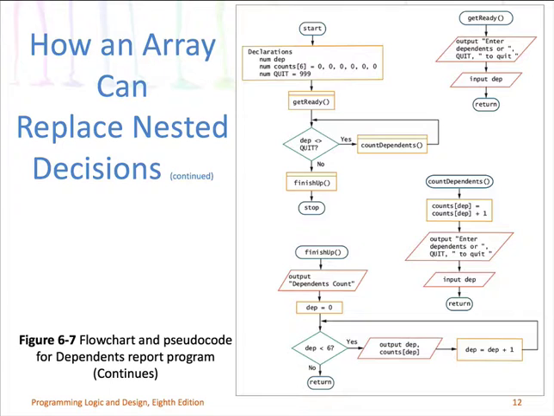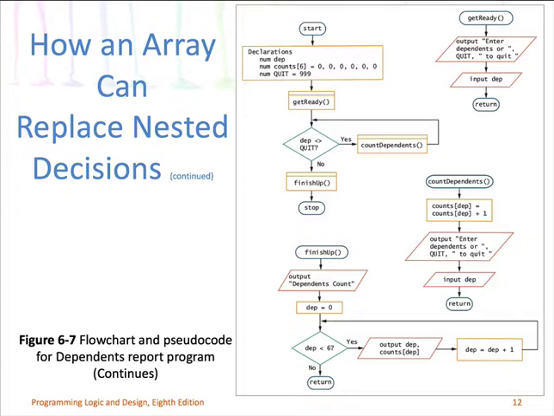If we type quit, we're supposed to terminate the program. Otherwise, we assume the user inputted a valid value of dependents. Then we increment the correct location in the array, and prompt for the next number of dependents, again telling the user to type quit to quit the program. So we have a loop that goes through, and based on that value, increments the correct location in the array.